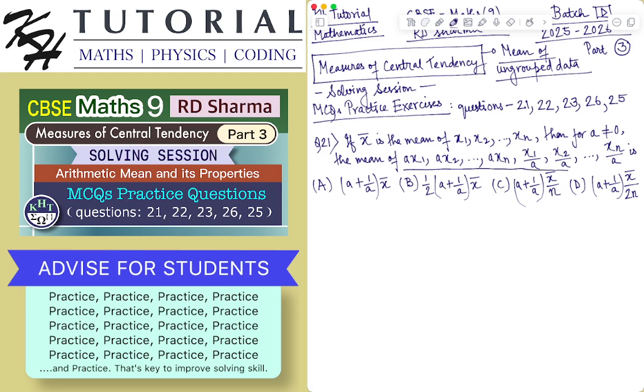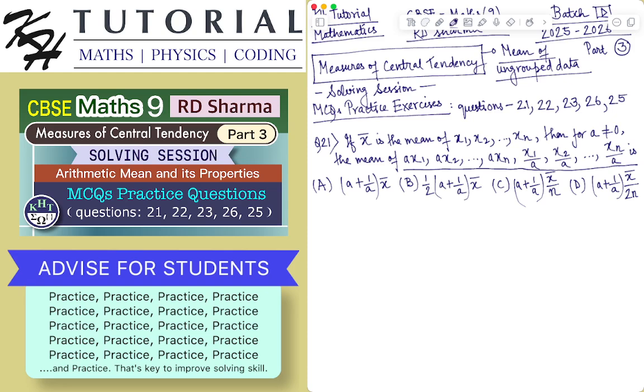There are 2n number of observations: x1, x2, ax1, ax2 up to axn are the first n observations, and again x1 by a, x2 by a up to xn by a are another n observations. So total number of observations is 2n.